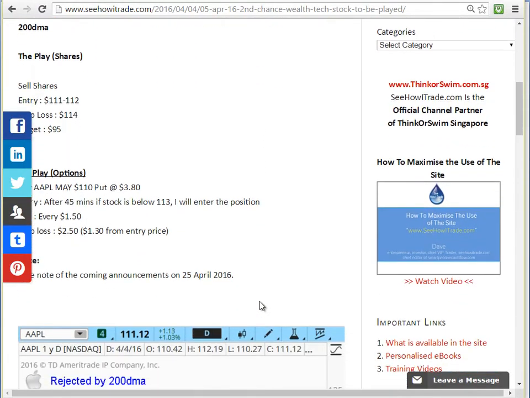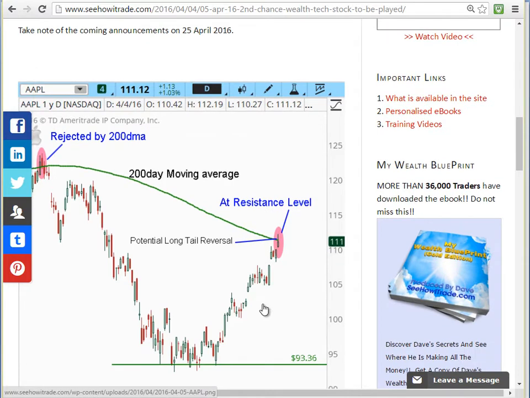As you can see from this chart, Apple is reaching the immediate resistance of the 200 days moving average, and it has a potential long tail reversal. In the previous round, it has been rejected by the 200 days moving average, and thus this is a very potential stock to sell down, and a very potential stock for me to play under the technology sector.